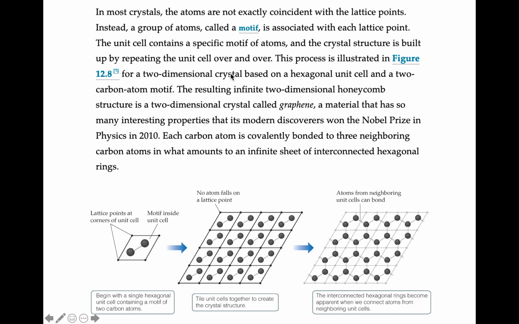I really like this example here for graphene. What we see at the bottom right here is 4 points for a unit cell. That would be repeated again and again, and it would fill up all the space if we just look at that shape. In this example, the motif is these 2 atoms that are being placed within that unit cell.